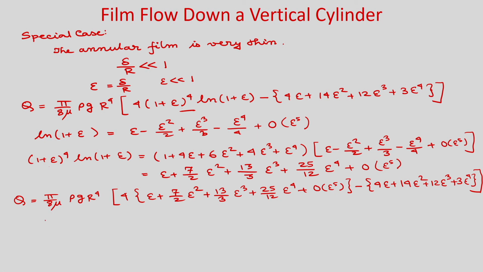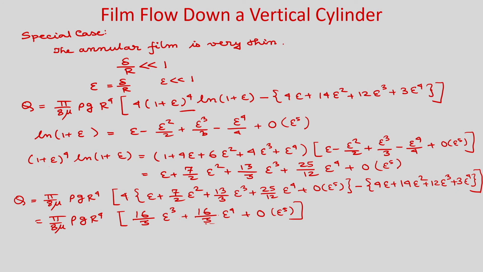Now, if you rearrange it, you will get pi by 8 mu rho g r^4, 16 by 3 epsilon^3, 16 by 3 epsilon^4 plus order of epsilon^5. So, you can see these will get cancelled because you have 4 epsilon here minus 4 epsilon here. So, if you do the rearrangement you will get this term.